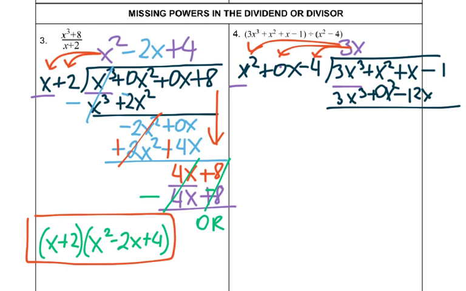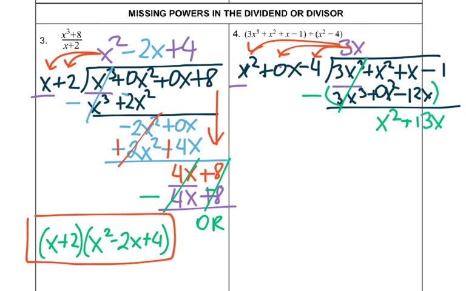Now we're going to subtract. I use different approaches with subtracting, so you have to pick the one that works best for you. Remember, this negative that's outside applies to every single term inside the parentheses. So now I have x squared minus 0x squared, which is still x squared. x minus negative 12 is going to give me 13x.